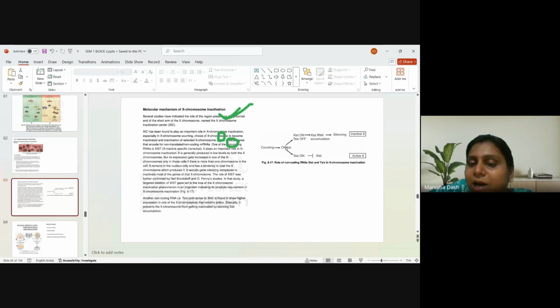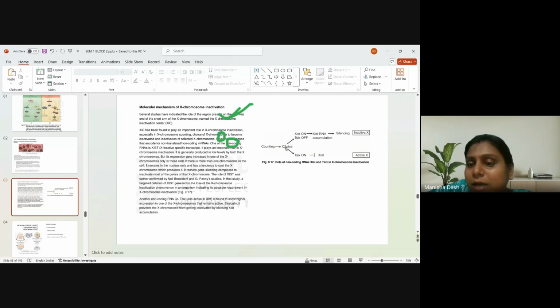So what will happen? The TSIX for the maternal sequence will be turned off, so that this X inactive specific transcript, or XIST, can be synthesized, which will go and bind to the X chromosome, and the maternal X chromosome will be silenced. So that is how the X chromosome is silenced in the case of human beings.